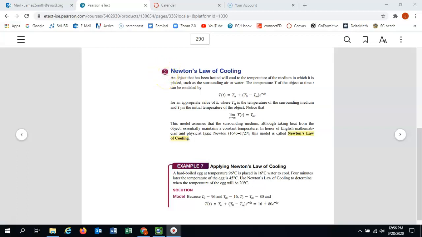But anyway, this is a little formula for Newton's law of cooling. One thing I wanted to point out on this formula is, remember this would act as a vertical shift. If you think of our basic layout for an exponential function, the term that is being added or subtracted as a constant is our vertical shift. In the parent function, you have a horizontal asymptote at y equals 0, right?